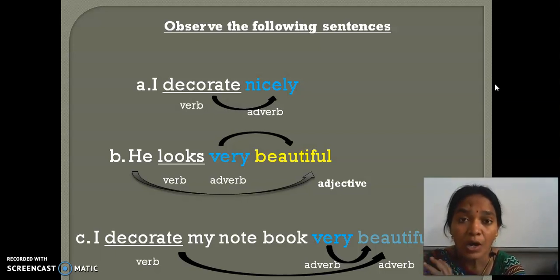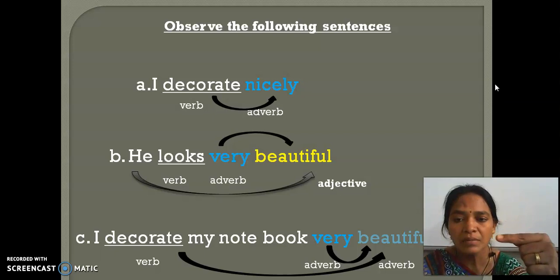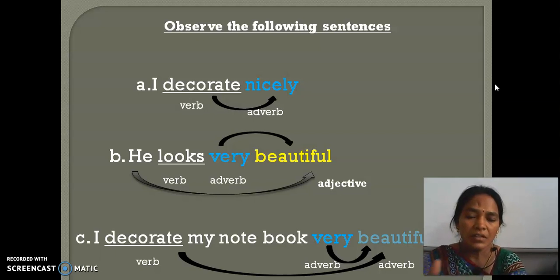How beautifully, how much beautifully, to what extent beautifully? Very. Again, I am using a similar word so that you will get the degree to what extent this is being done. In other words, you will have a clear-cut idea of the usage of adverb. Why are we adding these adverbs?